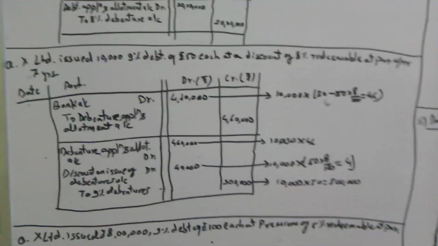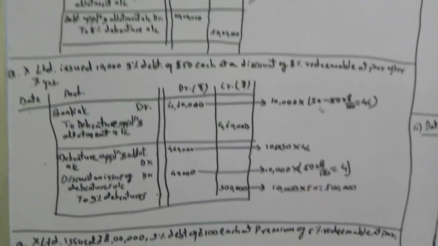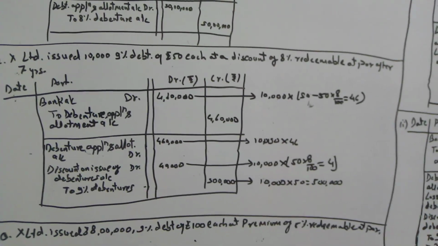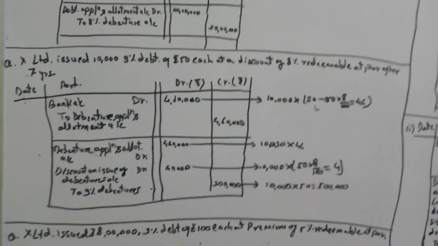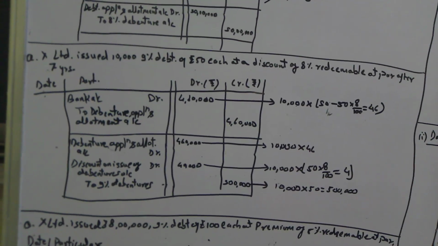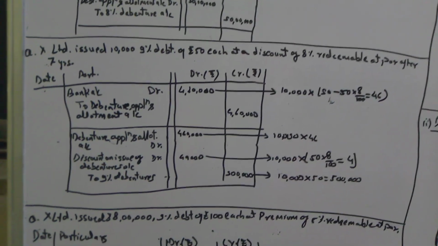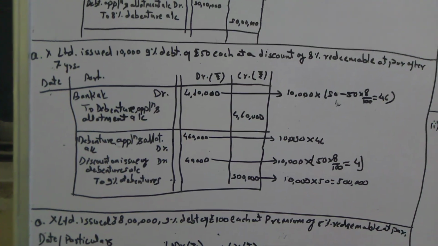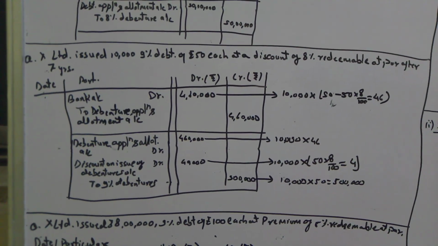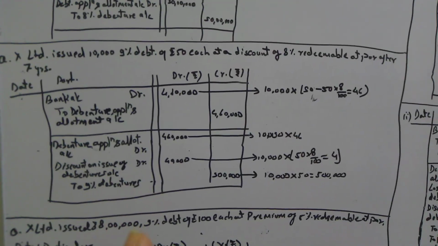Now the second case: X Limited issued 10,000 9% debentures of 50 rupees each at a discount of 8% and redeemable at par after 7 years. So the question says it's issued at discount and redeemable at par. Bank account debited to debenture application and allotment account, as you can see here.